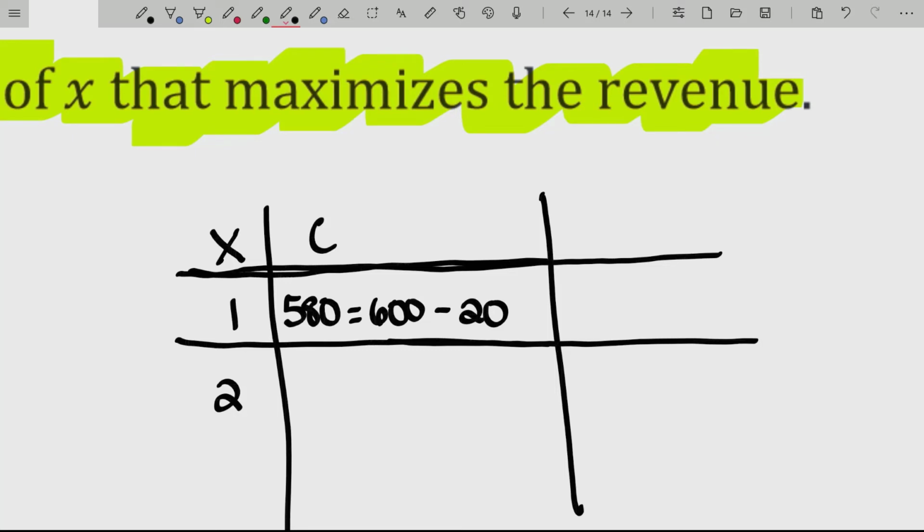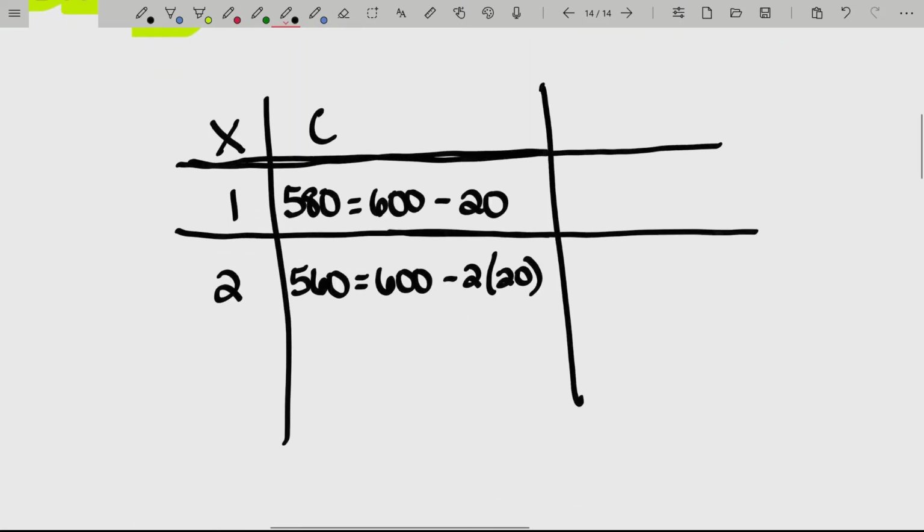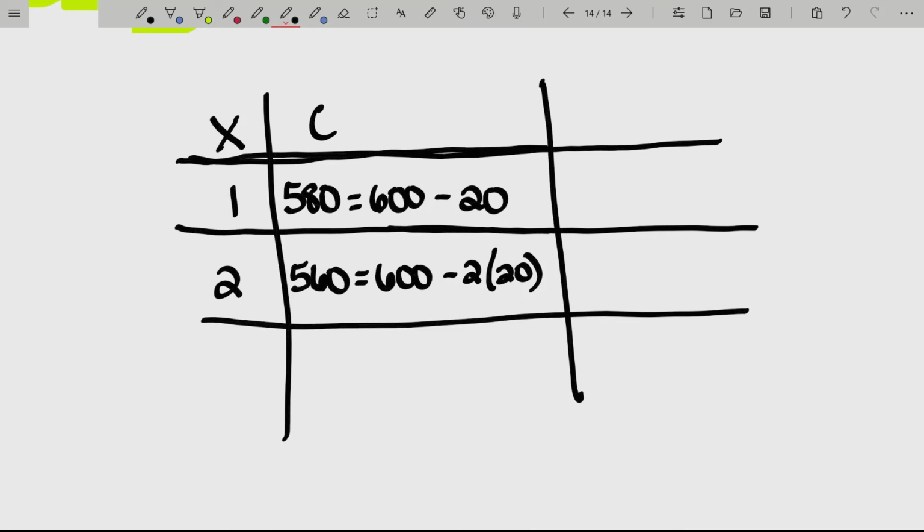If I did 2 price drops, well, it would be $560 as a ticket price, and that's because it was originally 600, but you're dropping it by 2 sets of $20. If I did 3 price drops, you should see the pattern now, but if I did 3 price drops, well, it would be $540, again, because you initially charged 600, now you're doing 3 drops of 20 off of that.